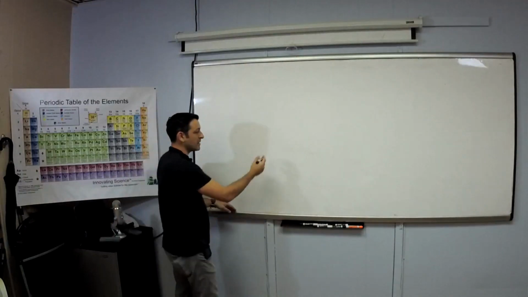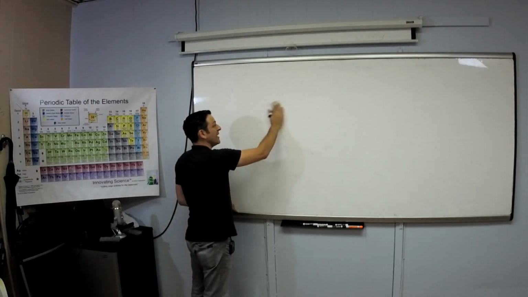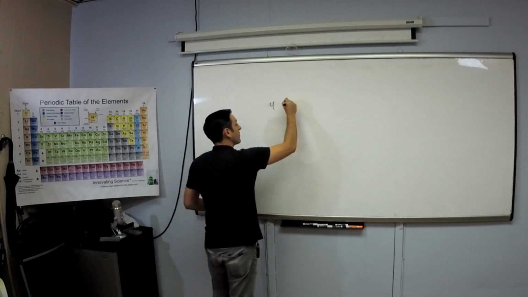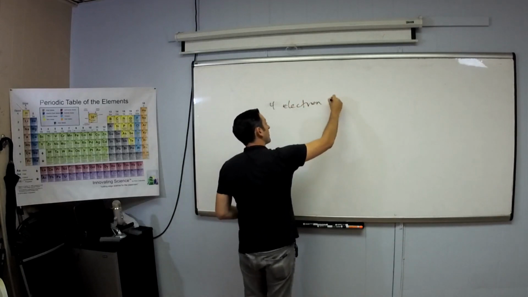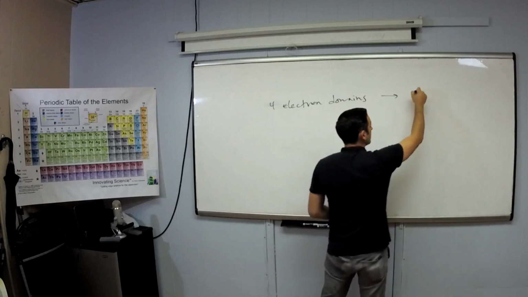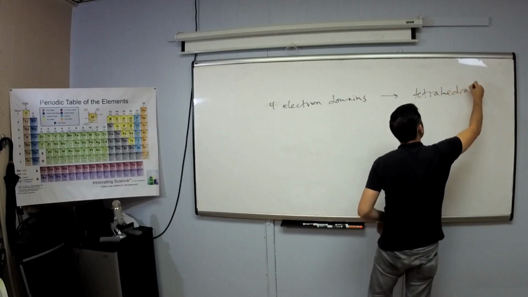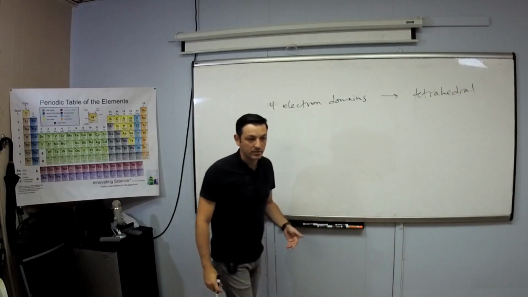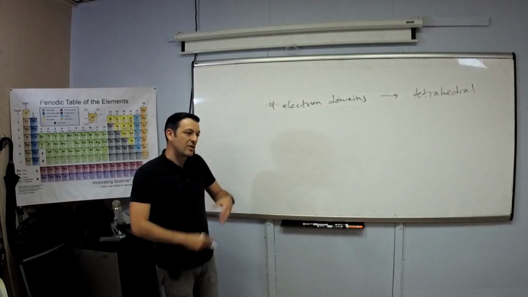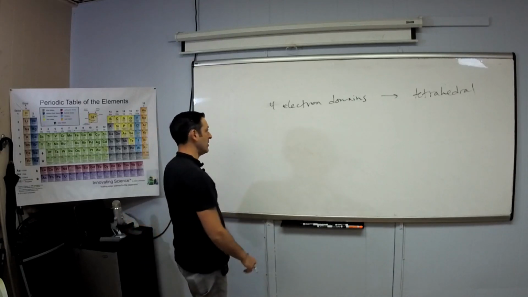I hope you know that something with 4 electron domains is tetrahedral, at least for electron domain geometry. And if there are any lone pairs in there, then you kind of don't see them. So it could be trigonal pyramidal, it could be bent, all of that stuff.